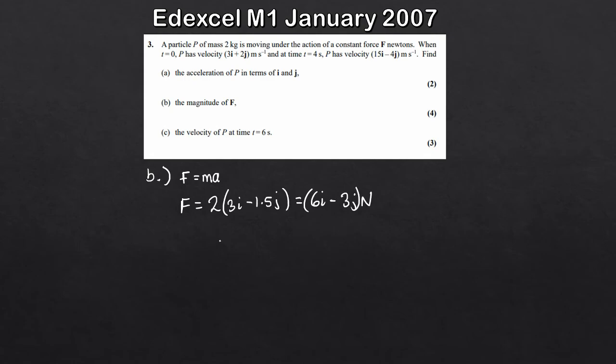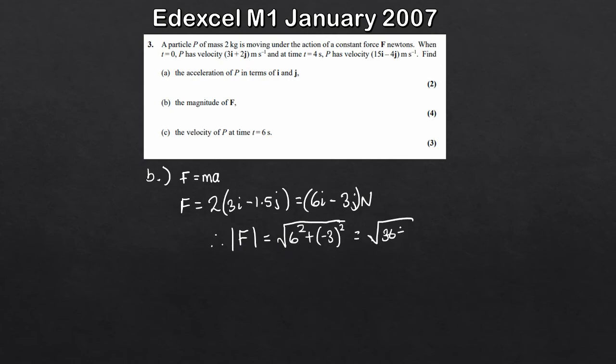So now, to work out the magnitude of F, we square both of these and take the square root of the sum. So if we do that, 6 squared plus minus 3 all squared. So what's that going to give us? That's going to be 36 there.